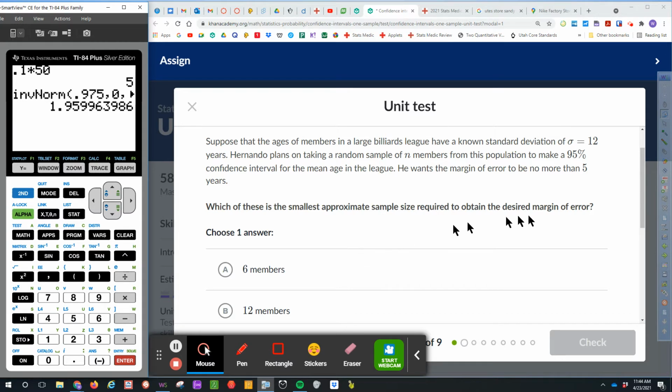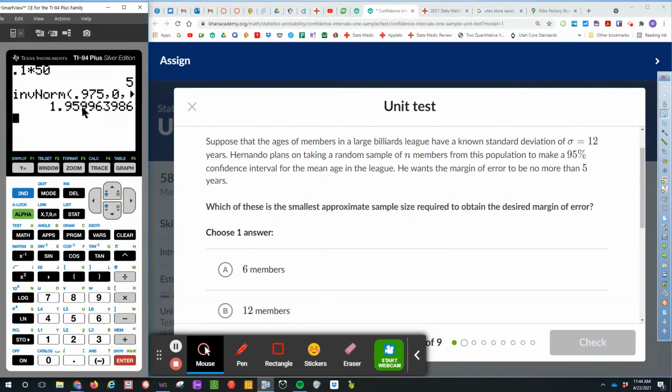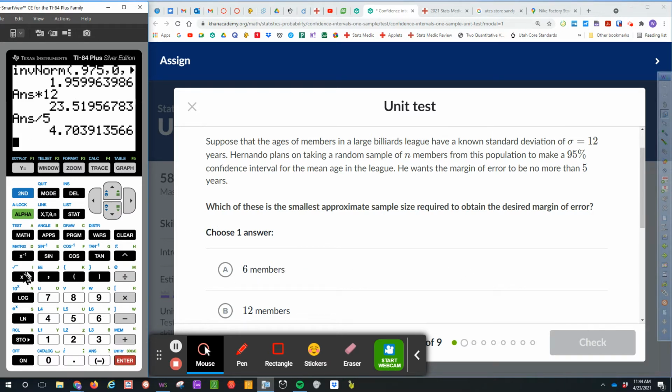And according to the formula, my z star needs to multiply my standard deviation and then divide by margin of error. What is the standard deviation? 12. What is my margin of error? 5. So I take this number times 12, and then divide by 5. And then I got to square it. So there's a square sign here.